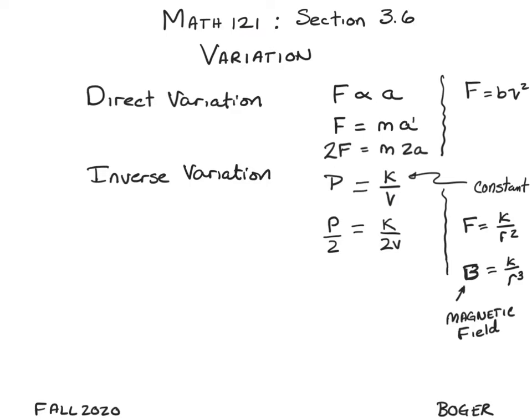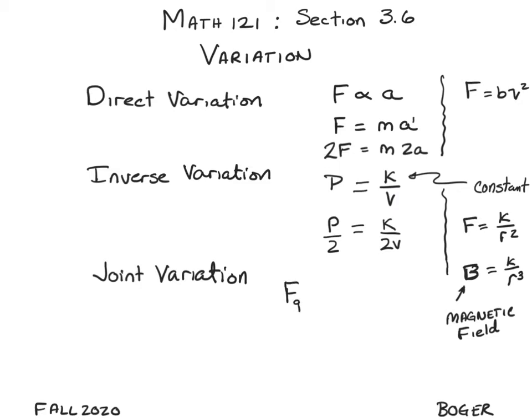Then I could have joint variation. That's where I could have a whole combination. So the gravity is a good one for me again, so I'm going to borrow gravity.